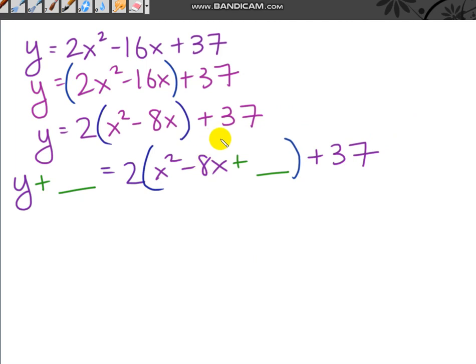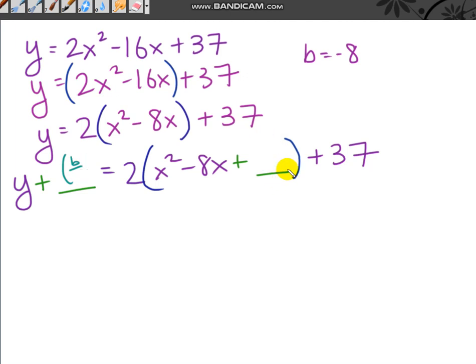In order to complete the square, we need to look at this term here. We need to look at that number. So we're taking b equals negative 8 right there. What we need to do is put the expression b divided by 2 squared in those blanks.